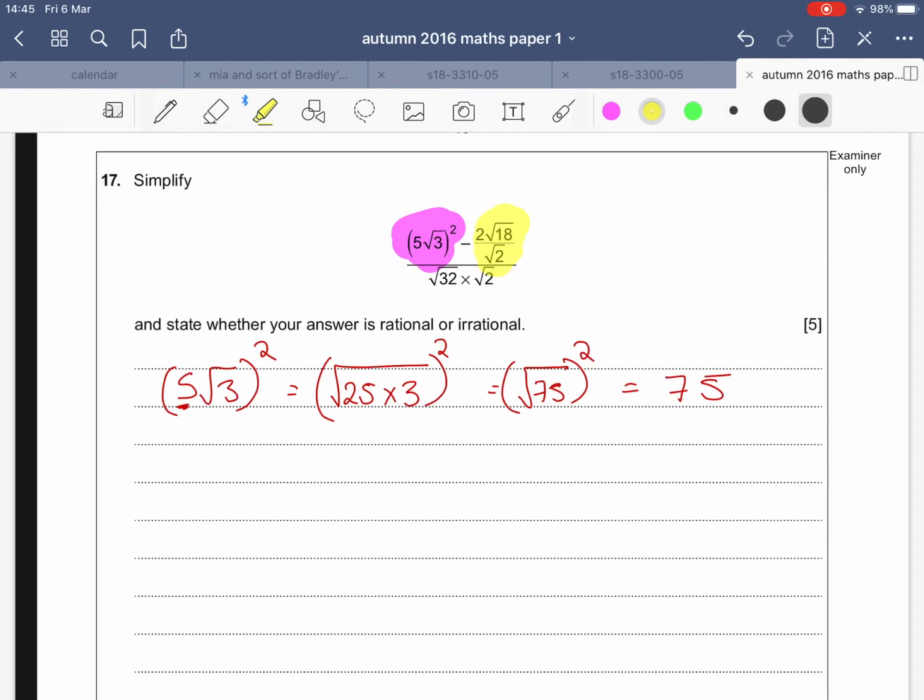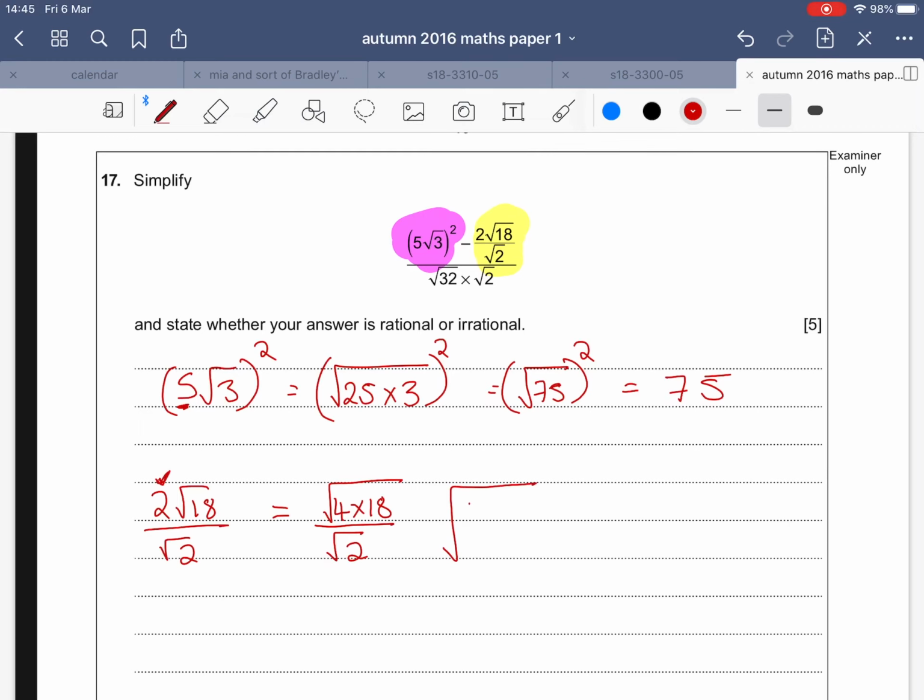Next bit, so this one, 2 lots of root 18 divided by root 2. I'm going to do the same thing as well. I'm going to take this 2 outside and put it back inside by squaring it. So that would be 4 lots of 18, still over root 2. Obviously, you could put that all in one root as well.